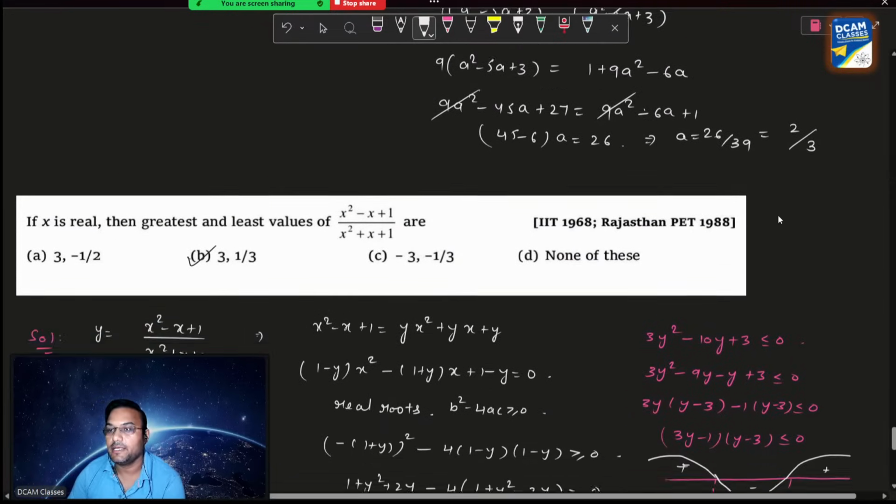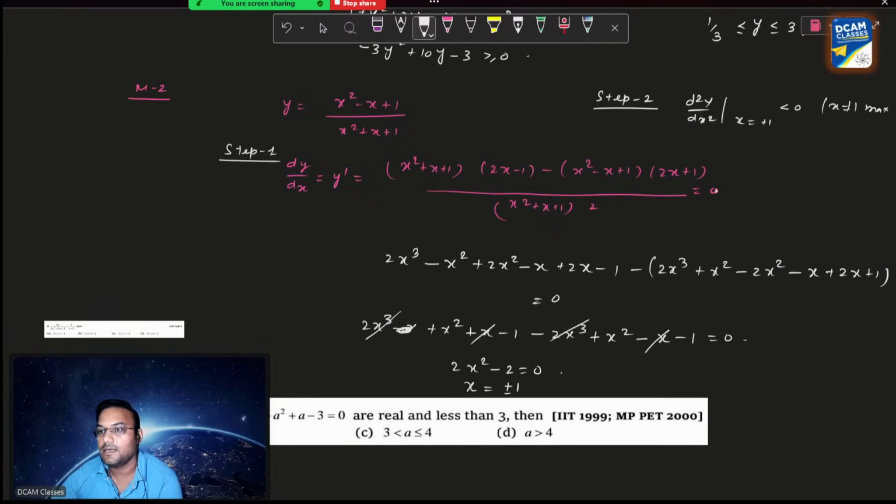If you are getting d square y by dx square at x is equal to minus 1 greater than 0, then at x is equal to minus 1 you have minima. So accordingly you find, but since I got only two values, at these two values I'll get the value of y, and they must be my maximum and minimum values.